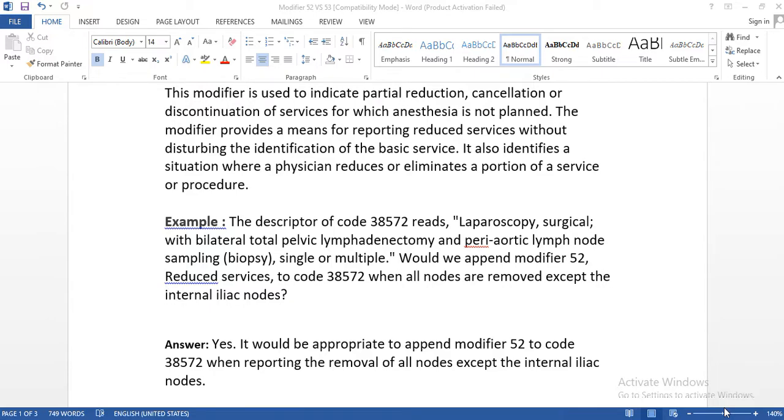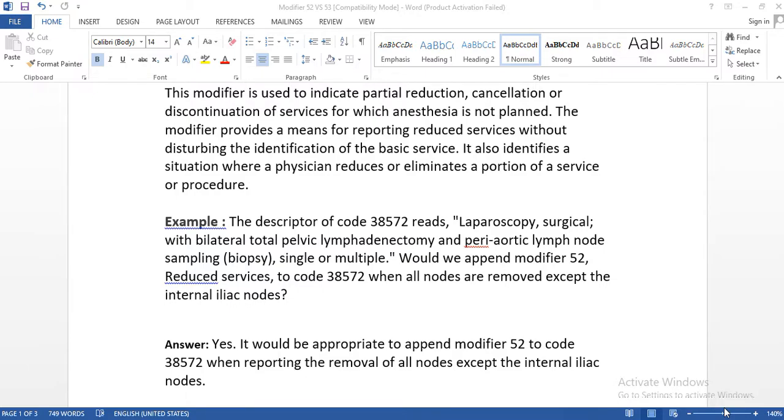This modifier provides a means for reporting reduced services without disturbing the identification of the basic service, which we have discussed earlier. It also identifies a situation where a physician reduces or eliminates a portion of a service or procedure, which we have also discussed earlier.